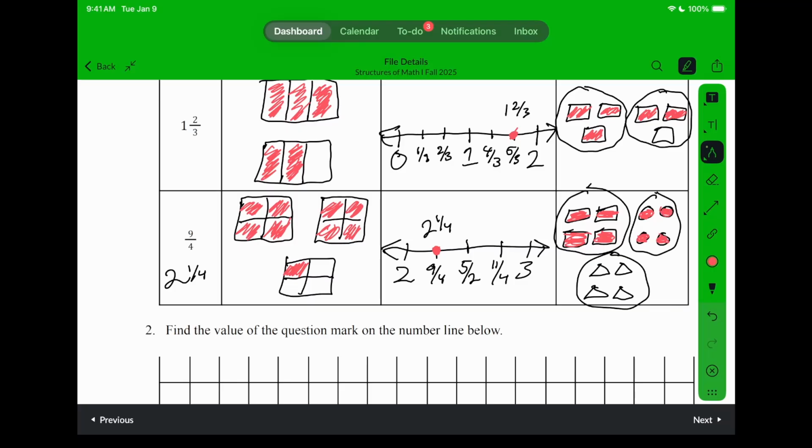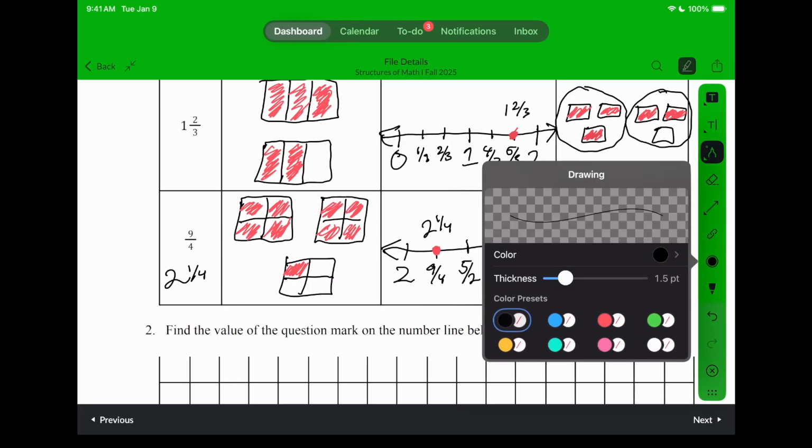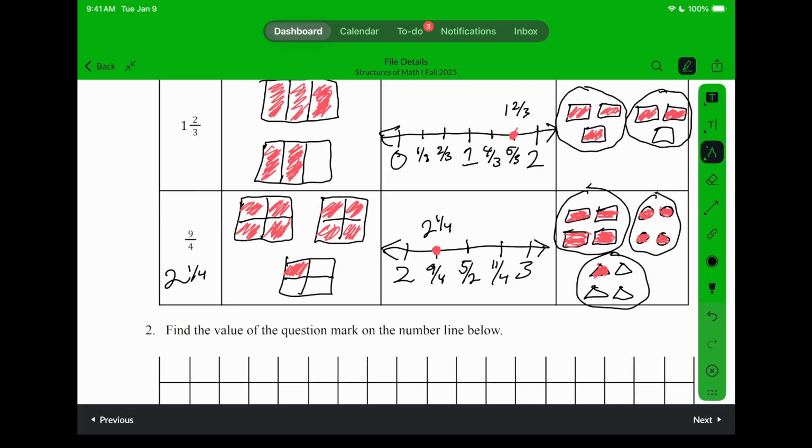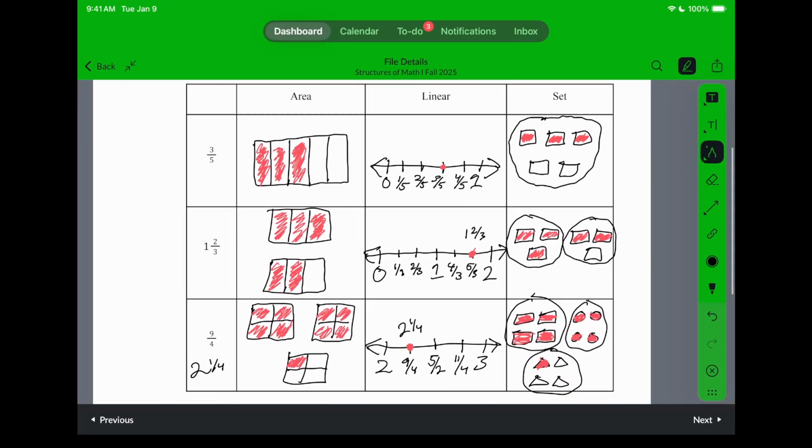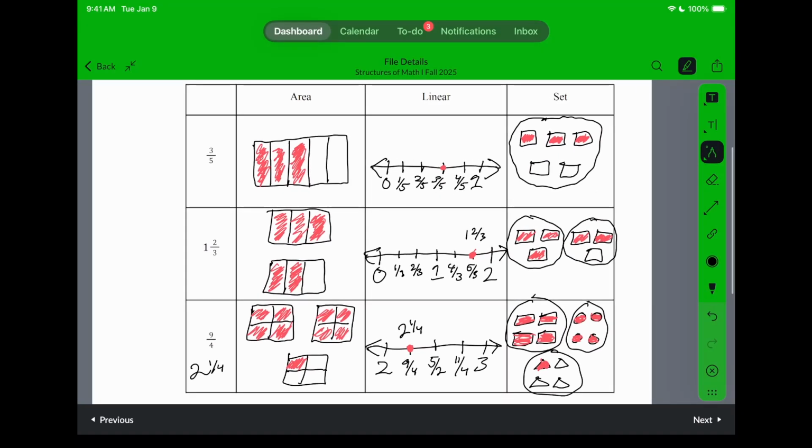We have a second whole. And then we have that last little fourth to show 9/4, 2 and 1/4. So it's 2 and 1/4 because it's 2 wholes and then an extra fourth, and then 9/4 because in total we shaded 9 of these little pieces that are fourths. So that is for all three of these: the area model, the linear model, and the set model.